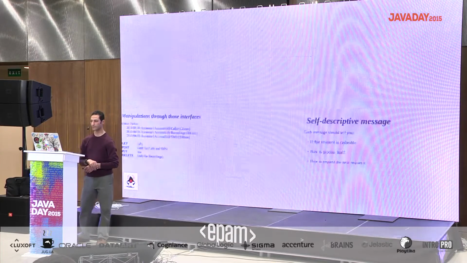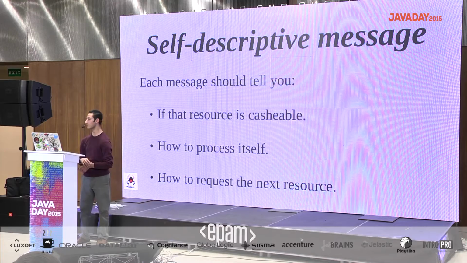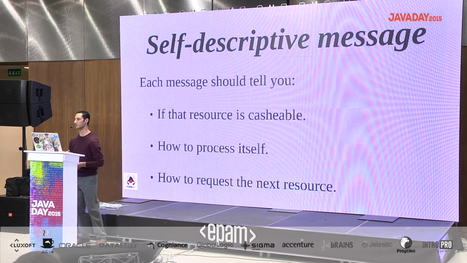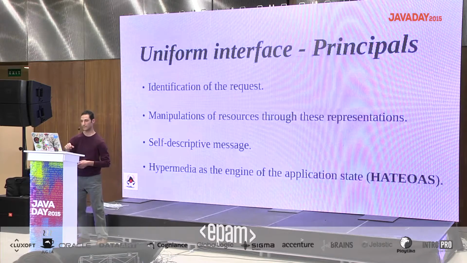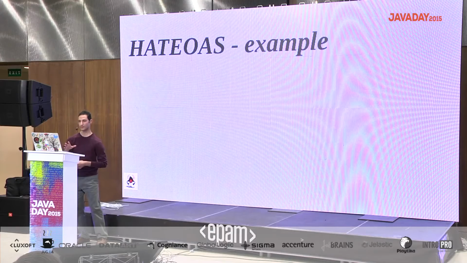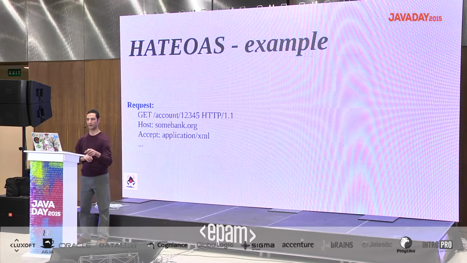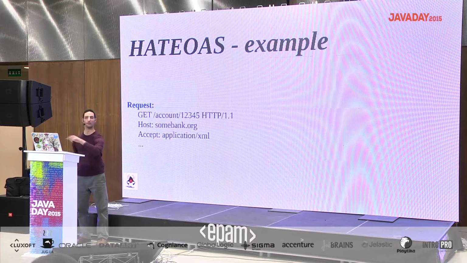Self-descriptive, how? Each message should tell you if that resource is cacheable, how to process itself, how to request the next resource. Sometimes when you're calling your account, let's see an example of this. This is a complex one. This is the request: GET account 12345.